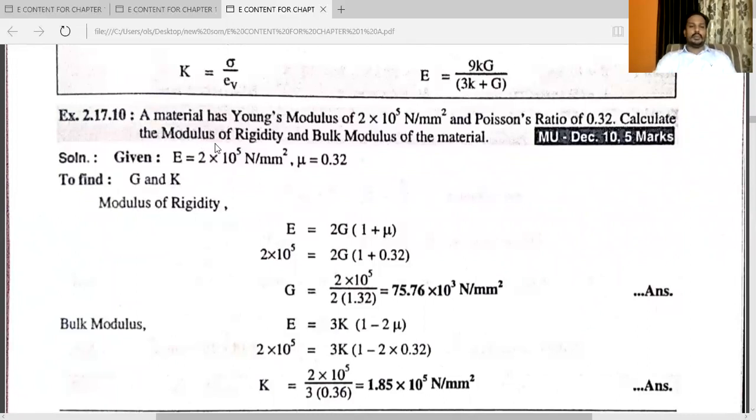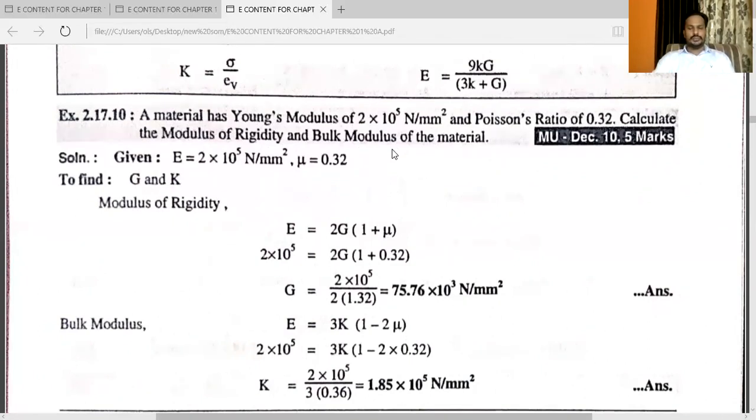Calculate the modulus of rigidity and bulk modulus of the material. See again the problem: a material has Young's modulus of 2 into 10 raised to 5 Newton per mm square and Poisson's ratio of 0.32. Calculate modulus of rigidity and bulk modulus of the material.